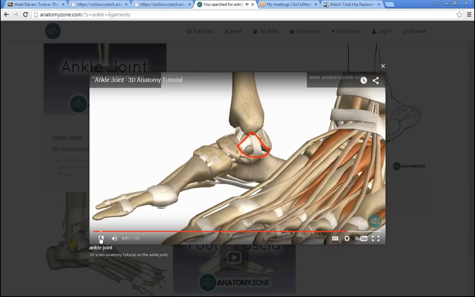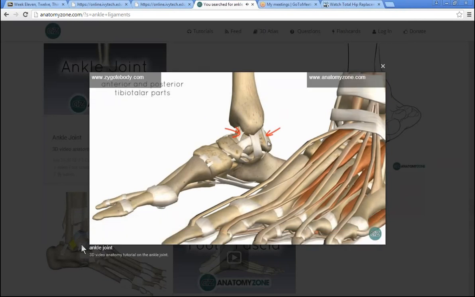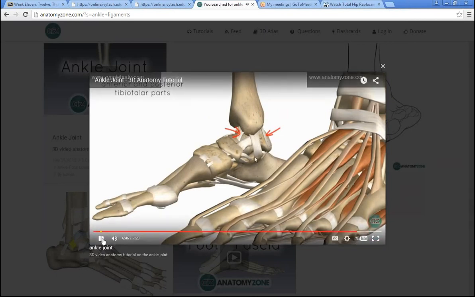So you've got 4 parts to this ligament. You've got 2 ligaments which attach from the tibia to the talus, an anterior and posterior tibio-talar part. So note that we have an anterior and posterior talus ligament on both sides.